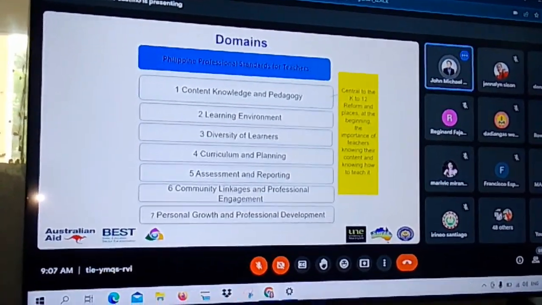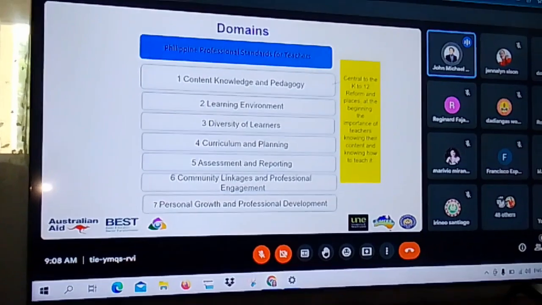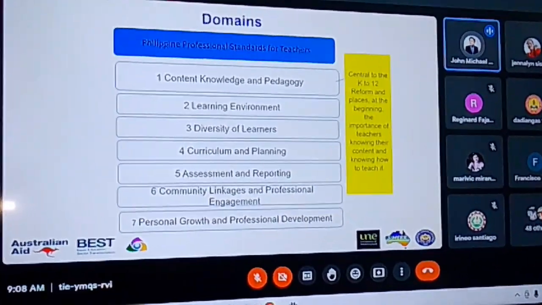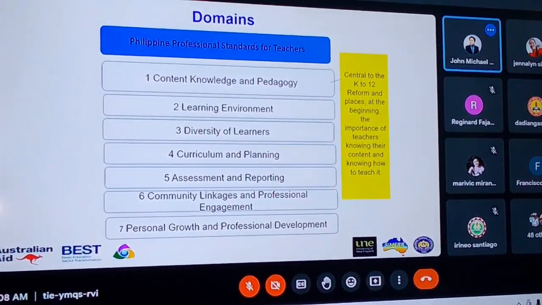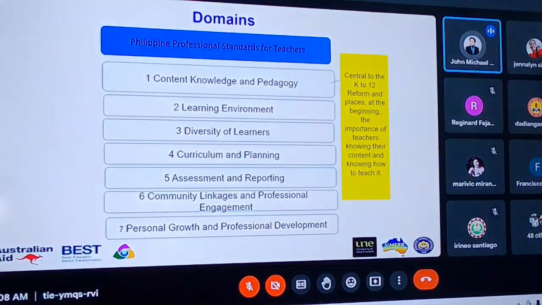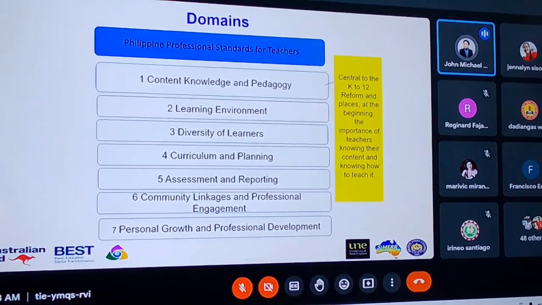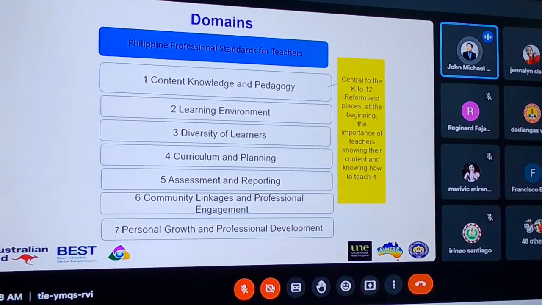Now, I just would like to give you these 7 domains of PPST so that you will be reminded that under the PPST, we have 7 domains and 37 strands or indicators.